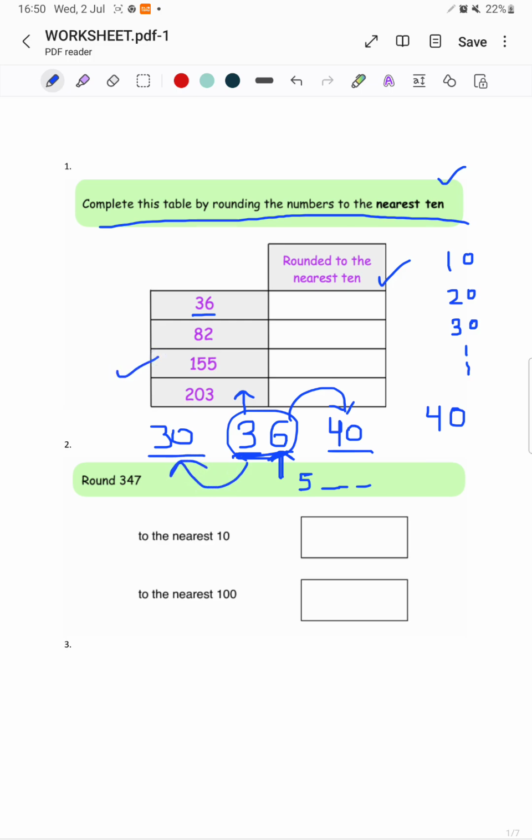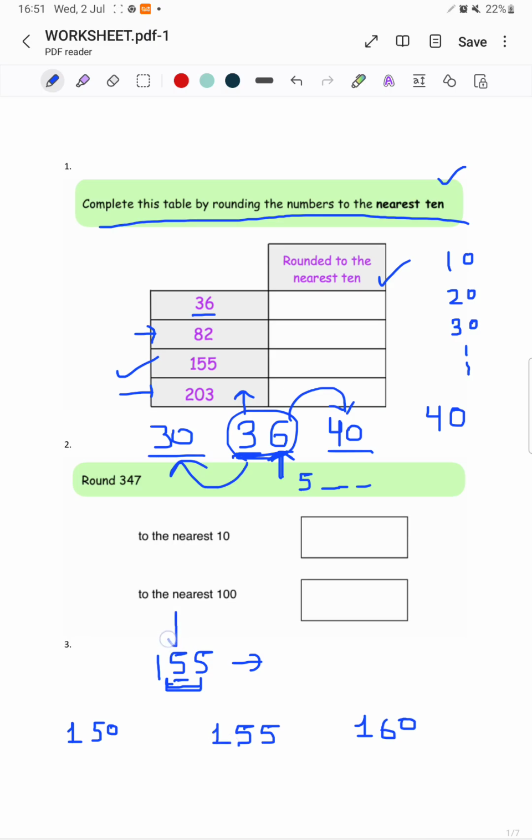Let's take another example, 155. I am not going to solve some of the questions. Now 155 we again have to round to the nearest tens. If I look at the tens part only, it is 55, and I know that 55 lies between 50 and 60. But this is 155, so this number lies between 150 and 160.